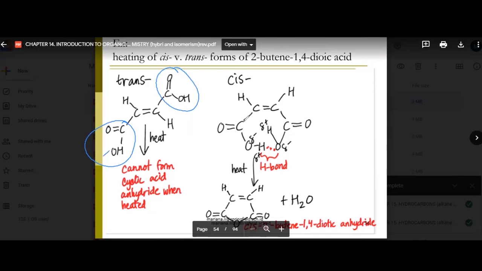But in the cis isomer, you can see there is a COOH group here and a COOH group here. Since they are close to each other, the hydrogen here, since it is connected to a very electronegative atom, has a partial positive charge. Also here, this hydrogen has a partial positive charge.